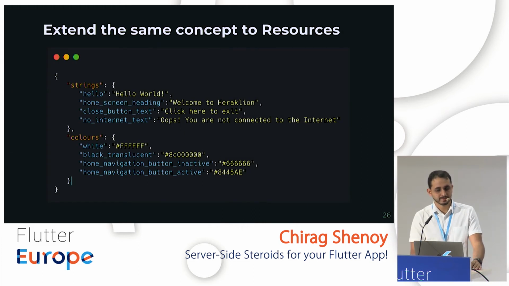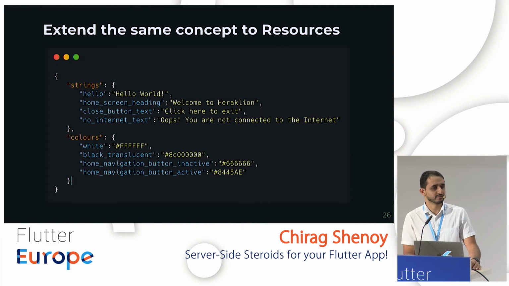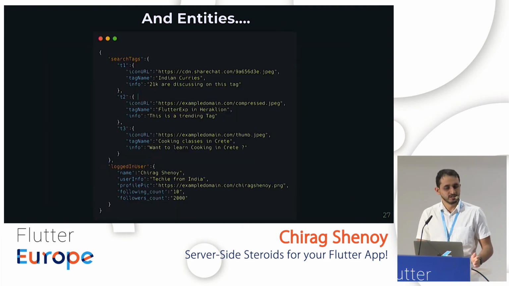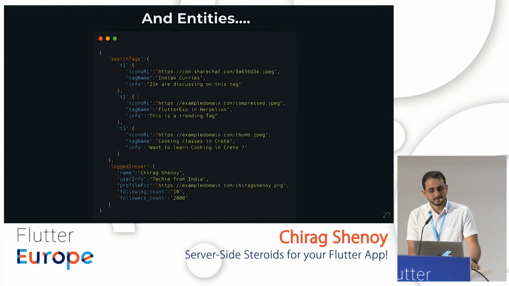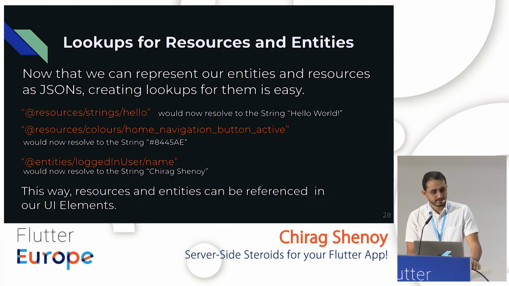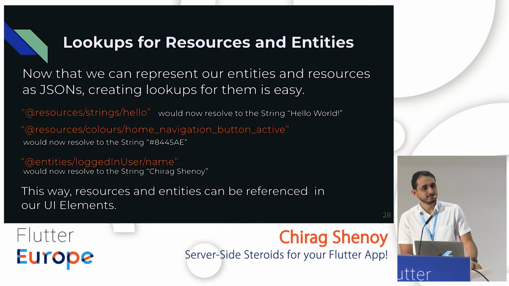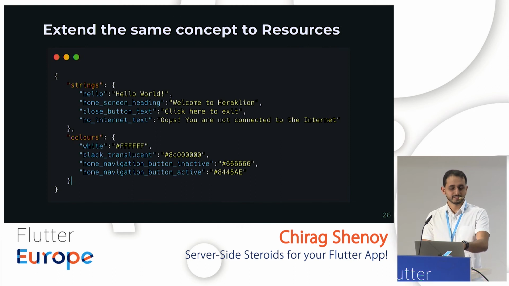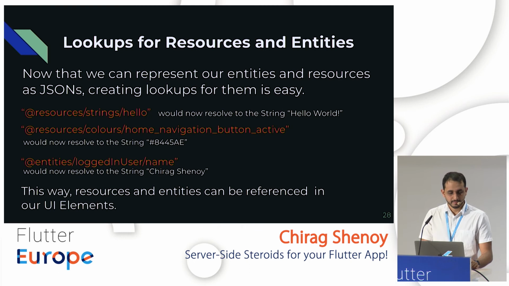Yeah, so extend the same concept to resources. We just talked about UI elements. Now you could do the same with resources. You could do the same with entities as well. And this is how your lookup is going to look right now. Now that we can represent our entities and resources as JSON, we can create new lookups for them as well. So your @resources string hello would now resolve to hello world. If you can see this example, strings hello resolves to hello world.